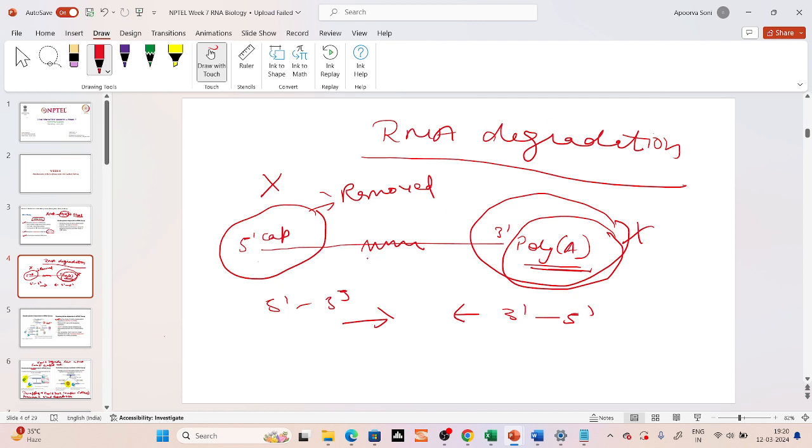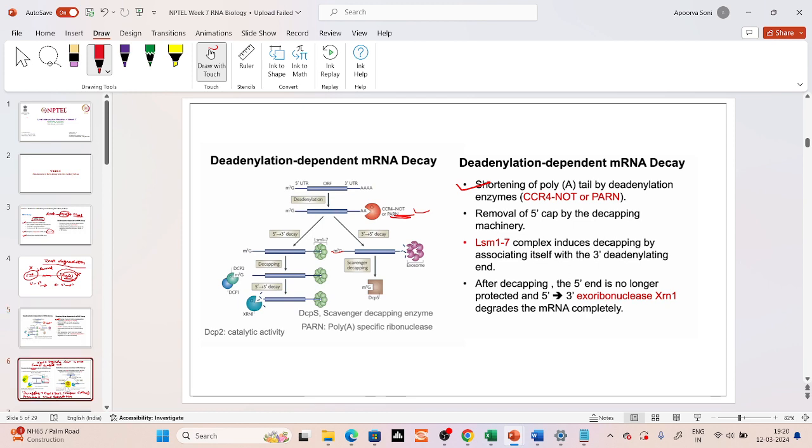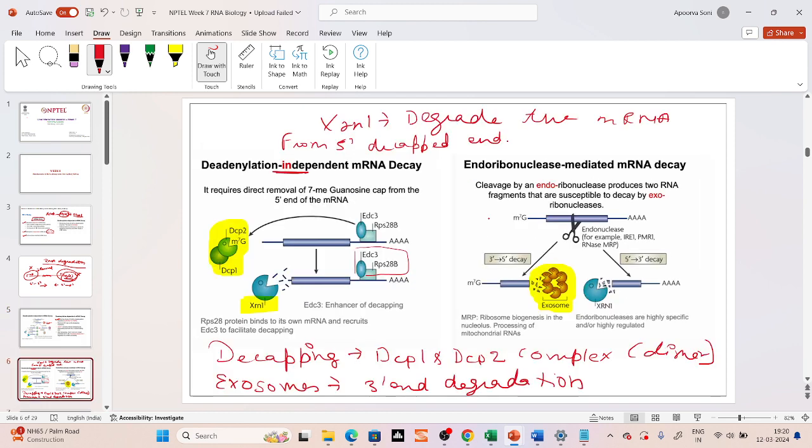The third way is, what if the enzyme comes and directly targets the middle region, because there is no protection here. So that is the third way of degradation of RNA, that is endoribonuclease mediated. You can see many different kinds of endonuclease are there, like IRE1, PMR1, RNase MRP.